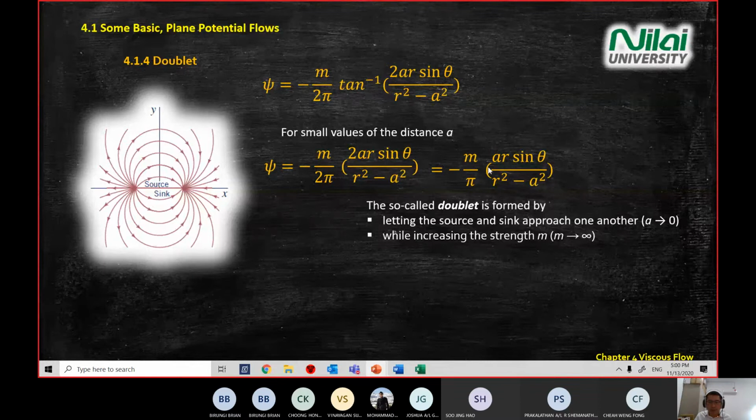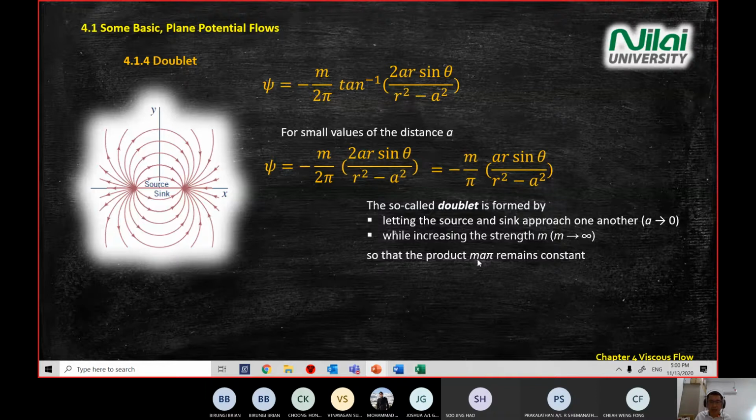So in this equation, m is very large and a is very small. Then the r squared terms you can cancel, and this one you can further simplify. ma divided by pi remains constant, meaning that all of these remain constant, because the product ma divided by pi remains constant.